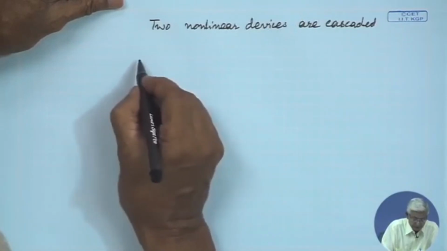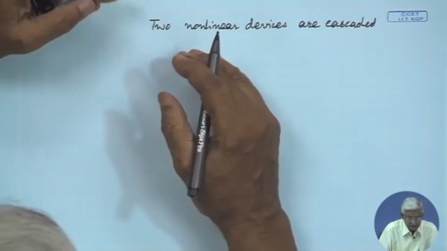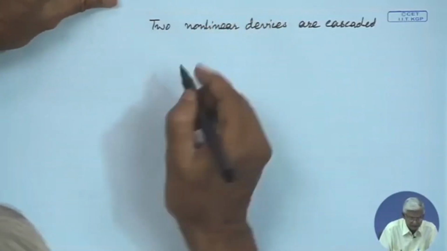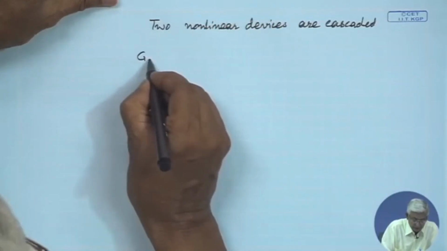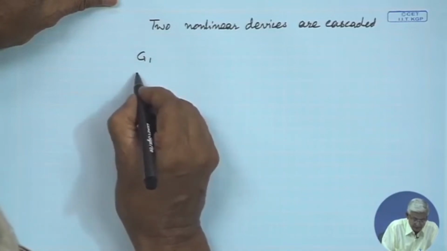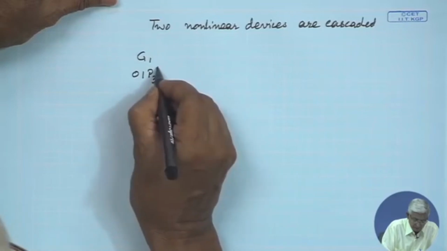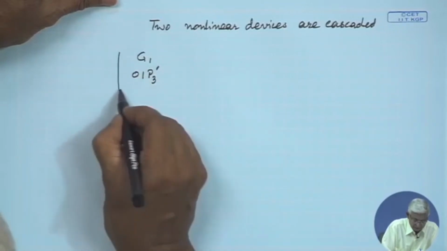So, let us take two devices instead of stating right now whether it is an amplifier, mixer or what device, simply we will put some gain. So, the first device gain is G1 and its OIP3, since it is the first device, I put a prime on that.